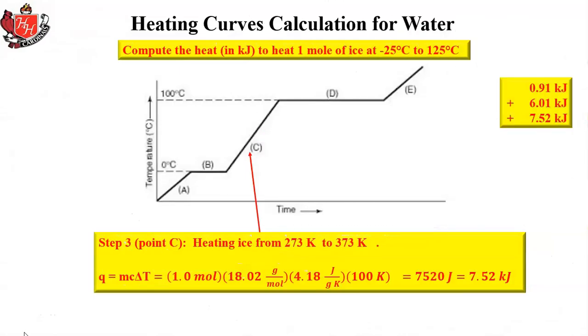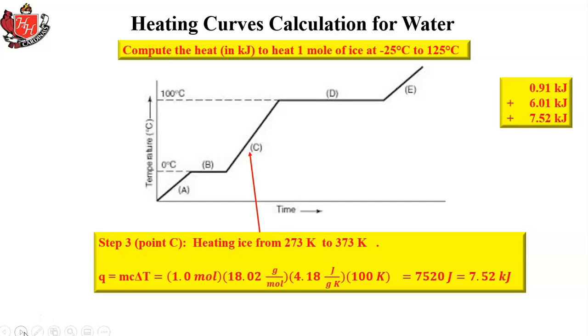Now we're going to region C. We have to go back to the specific heat equation because it's an increase in temperature. So again, it's Q equals mc delta T. We're going up 100 degrees from 0 degrees centigrade to 100 degrees centigrade. That's a 100-degree increase, which is the same on the Kelvin scale, going from 273 to 373.